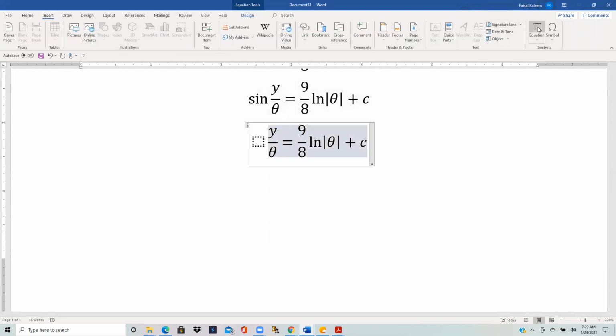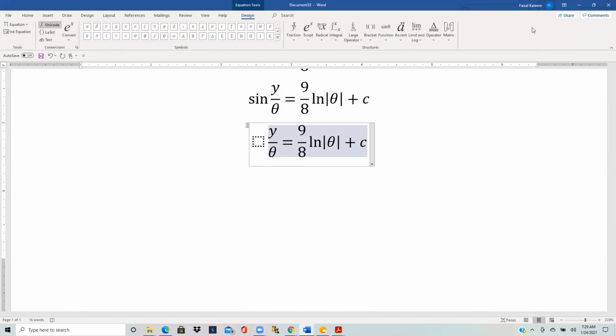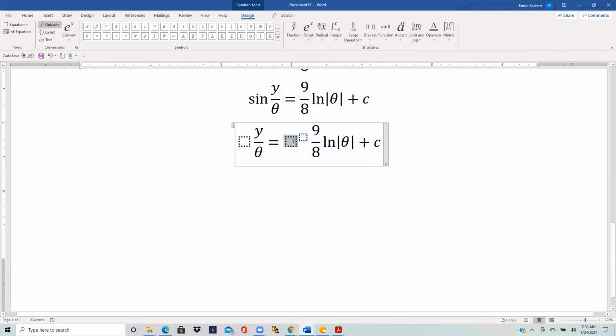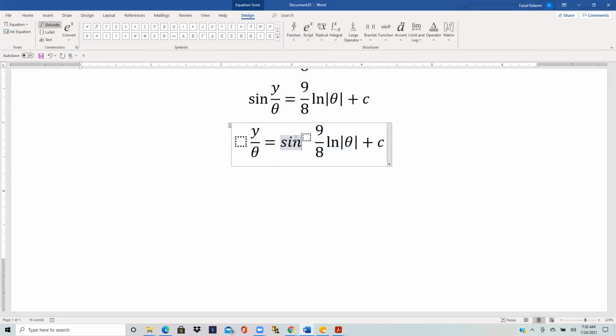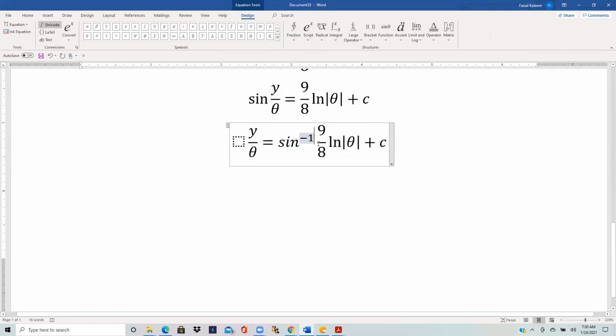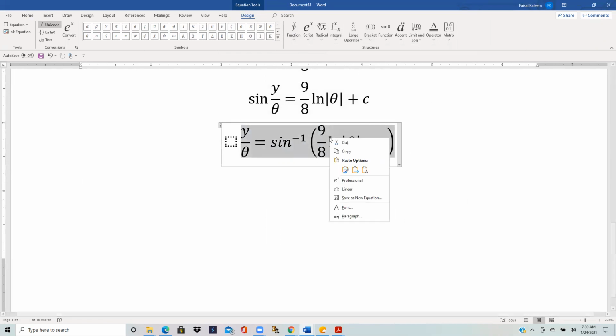So sine inverse of all this. Okay. And then in the next step, you solve for y.